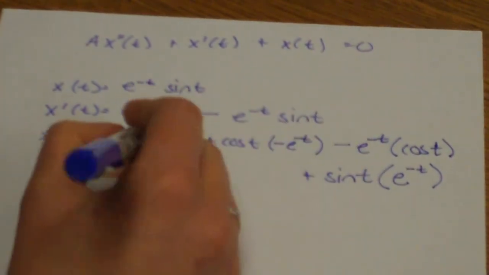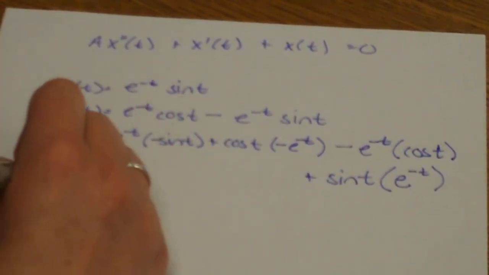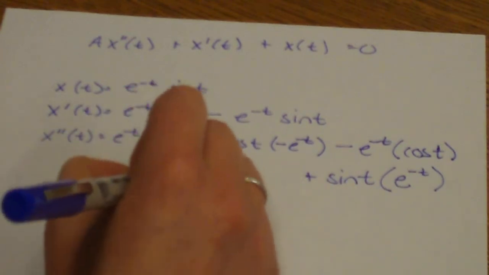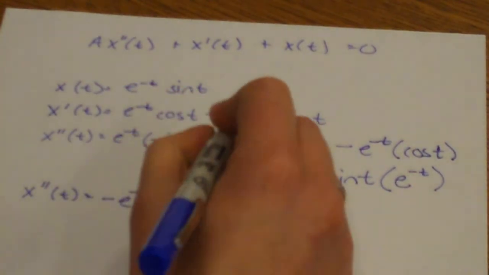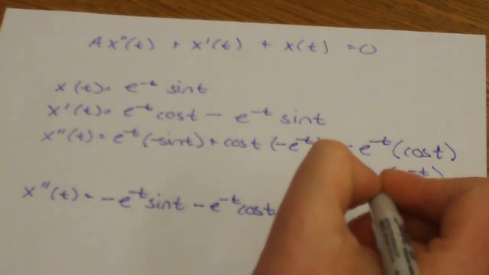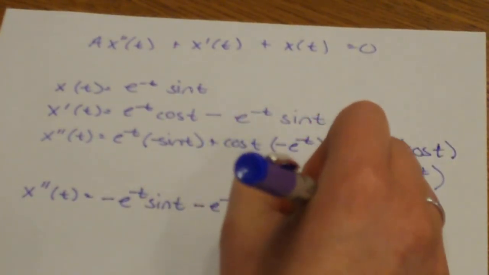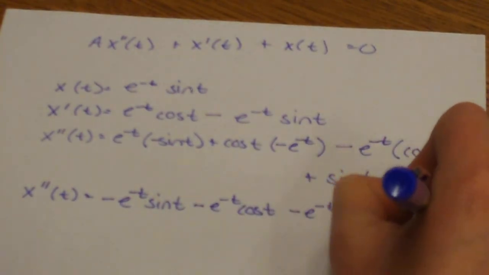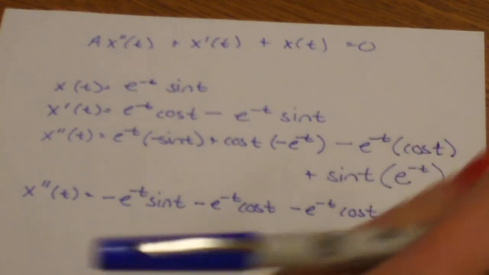So when I look at all this, I've got, this is still x double prime, negative e to the negative t sine t minus e to the negative t cosine t minus e to the negative t cosine t plus e to the negative t sine t.